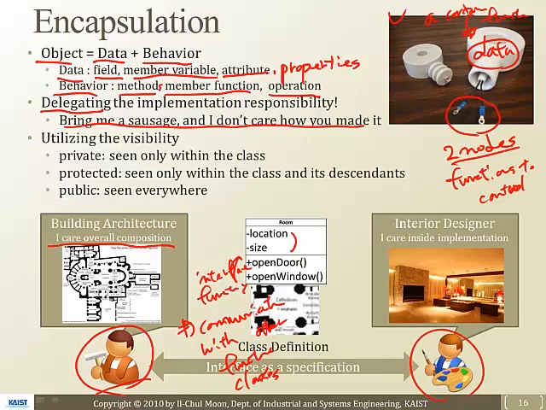For this person, the location and size, these properties of the room, are important. For instance, the color might be important. For the other elements, like the lobbies and restrooms, they are very concerned about how to open the door, how to open the window, and how that relates to other rooms.